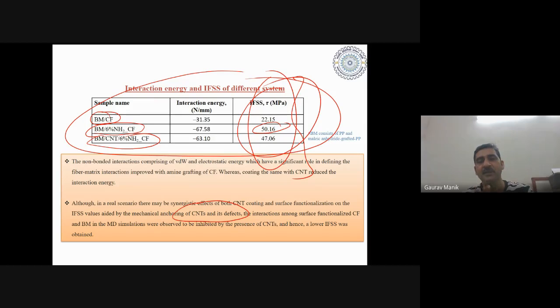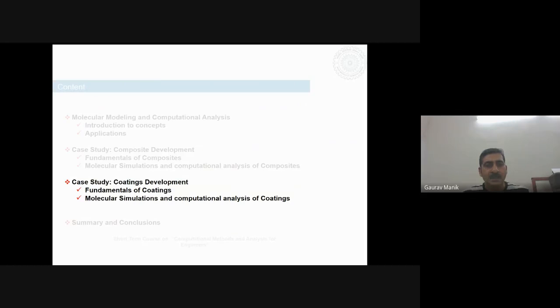So all those defects sometimes are useful, sometimes they are not. So you can design your defects depending upon what directions your simulations give you. So let me touch upon this quickly now, probably another 15 minutes, this part which is on the coatings development.